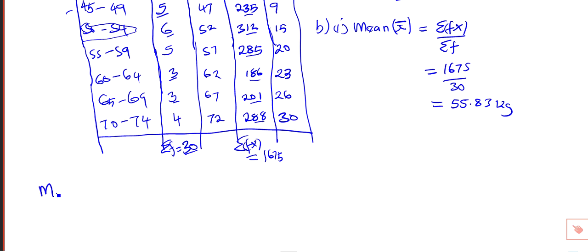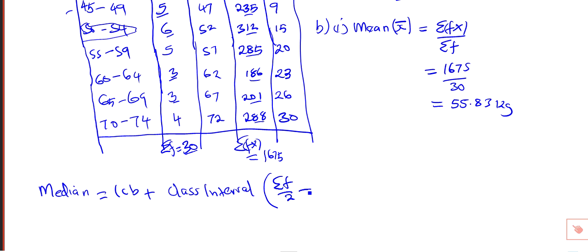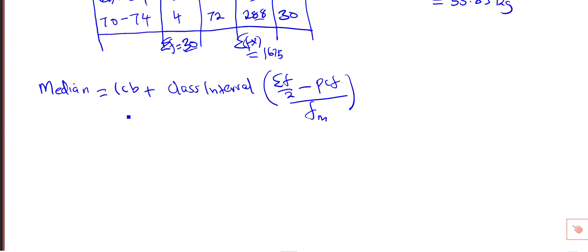Now the median mass is given by this formula: the lower class boundary plus the class interval, everything into sum of f divided by 2 minus PCF, everything over the frequency of the median.